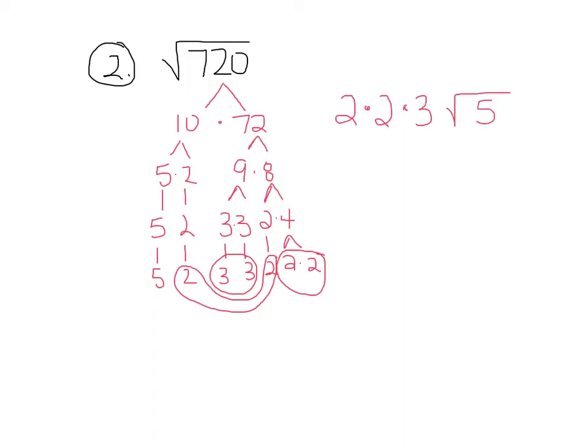If you have multiple numbers that get to come to the outside of the radical, make sure you multiply them back together. 2 times 2 is 4, and 4 times 3 is 12, and so my final answer is 12 times the square root of 5. You can type this in on your calculator, 12 times the square root of 5, and then type in the square root of 720, and they should give you the same decimal answer. So that's how you could check your answer.